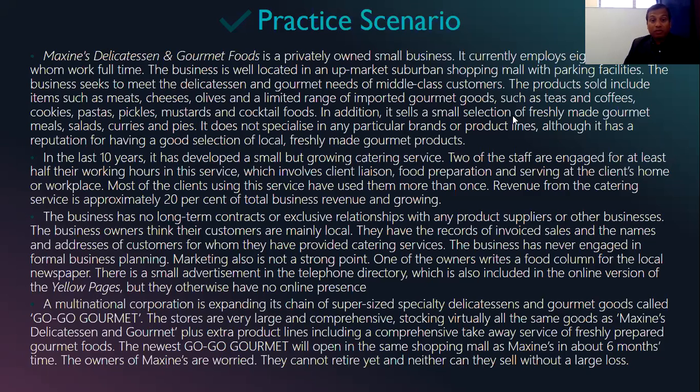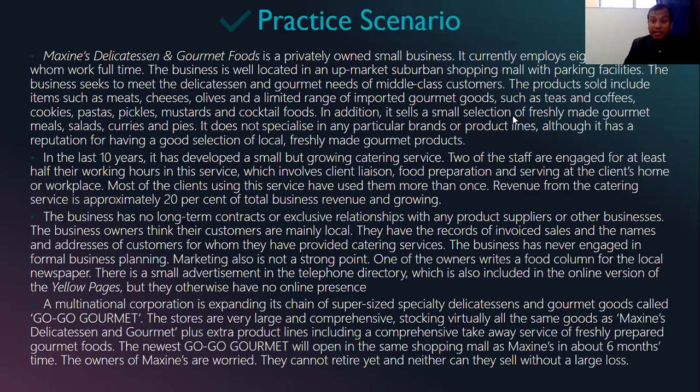There is an issue regarding the continuous supply of raw materials, because they don't have long-term contracts with the suppliers. And marketing is not a strong point for the firm, meaning the company does not have a customer centric approach. You have to build the arguments keeping those points in mind.